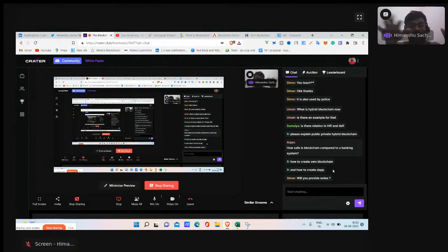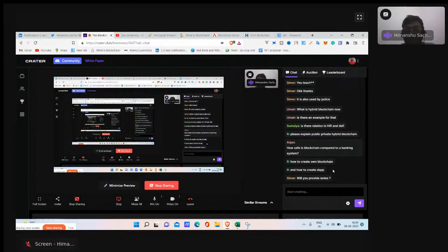The same goes for dApps. If you want to create a decentralized application, you need to learn coding, Solidity, Rust, Golang. There are a lot of languages used to create decentralized applications, so you need to learn the blockchain based languages that are there in the market.